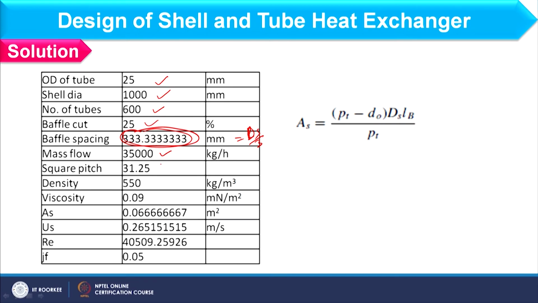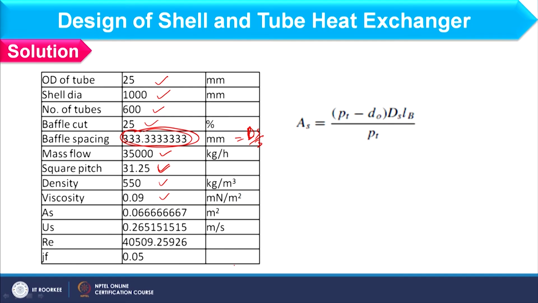Square pitch, because 25 mm is the OD. So, you can find out the pitch, which is 1.25 into OD. Density of the fluid is 550, viscosity 0.09, right.